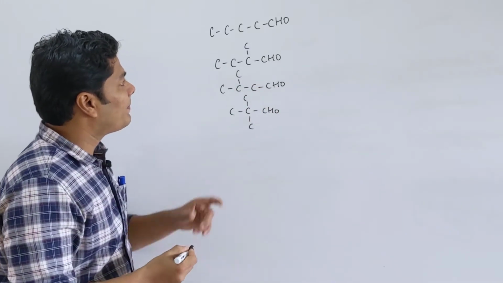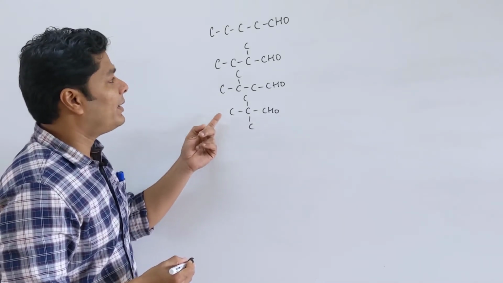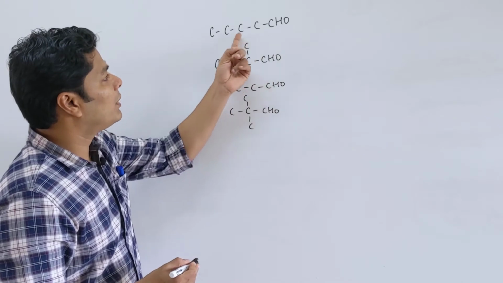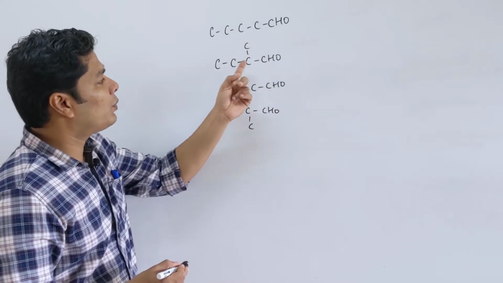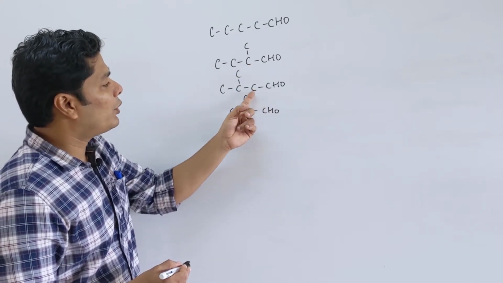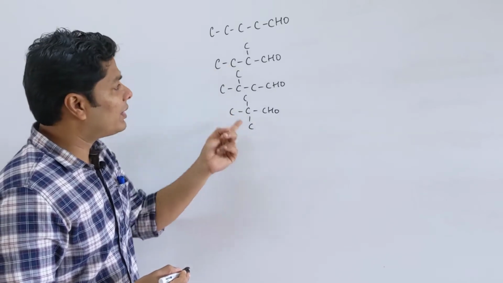So all of these have the same molecular formula, but they are different in terms of the parent chain. Here the parent chain is 1, 2, 3, 4, 5. 5 carbon is present, whereas here 1, 2, 3, 4, one of them is a methyl group. Here 1, 2, 3, 4, the methyl group is different, and 1, 2, 3, 4, they are different. So these are chain isomers.